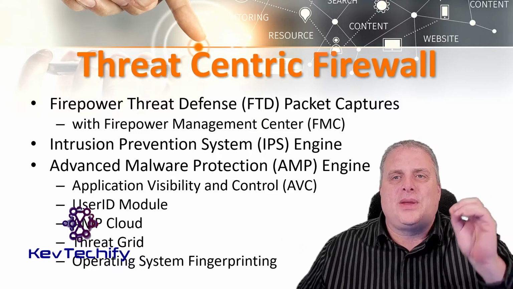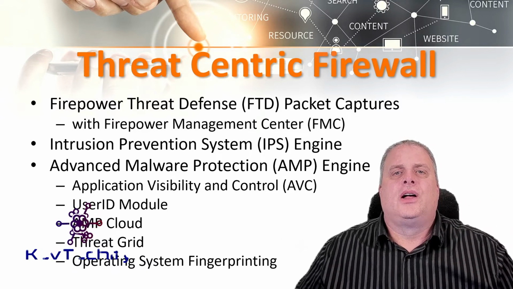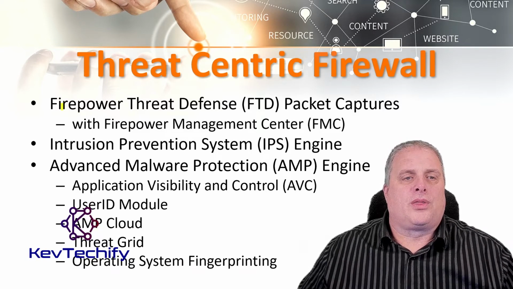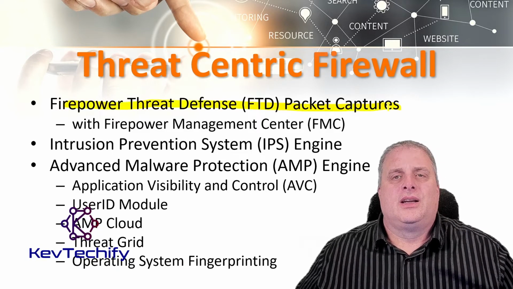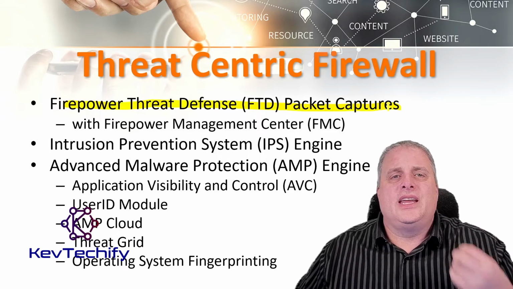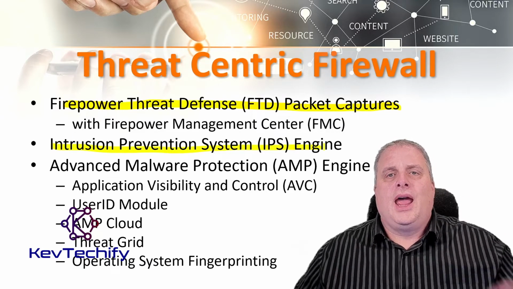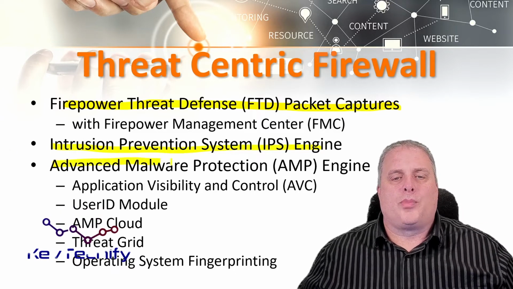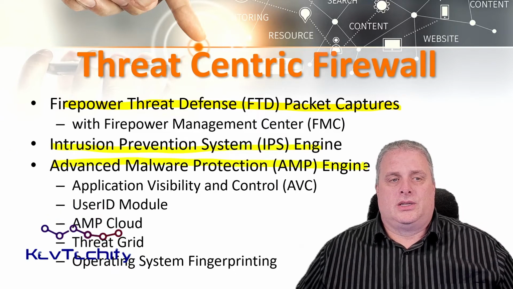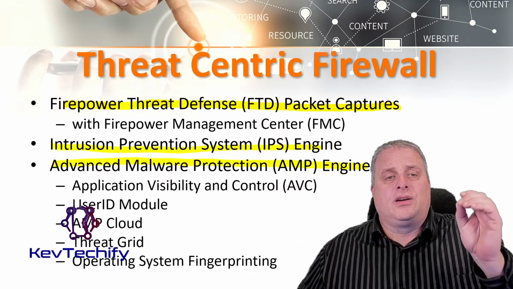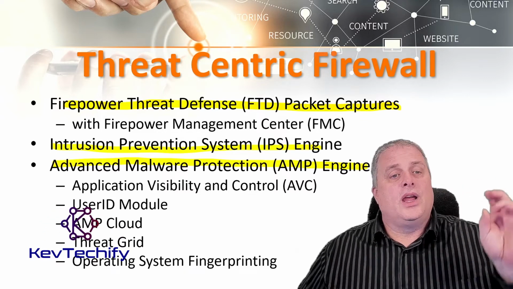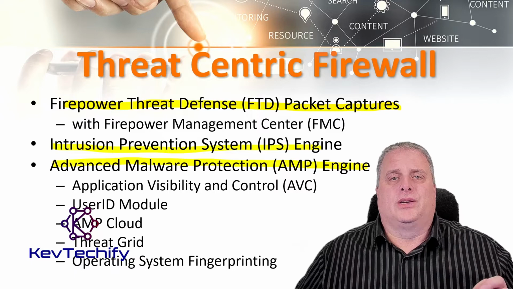At the centerpiece of threat-centric firewall, like Firepower Threat Defense, we have the intrusion prevention system and advanced malware protection engine. So at the center of our Firepower Threat Defense, we have an IPS and an AMP engine.